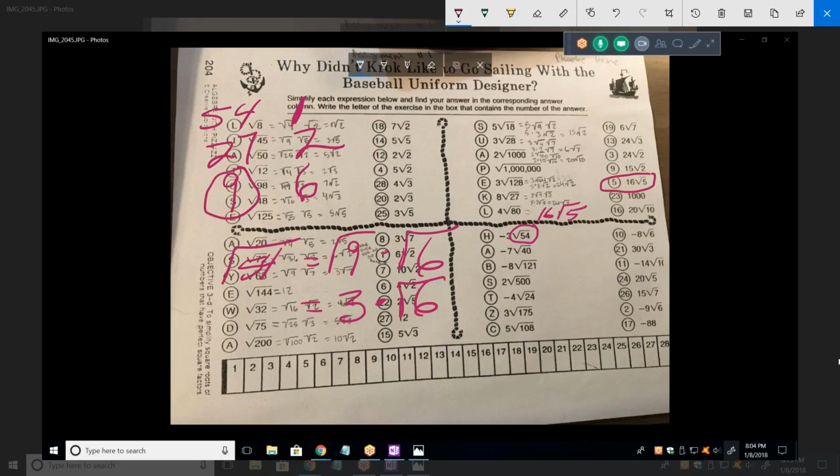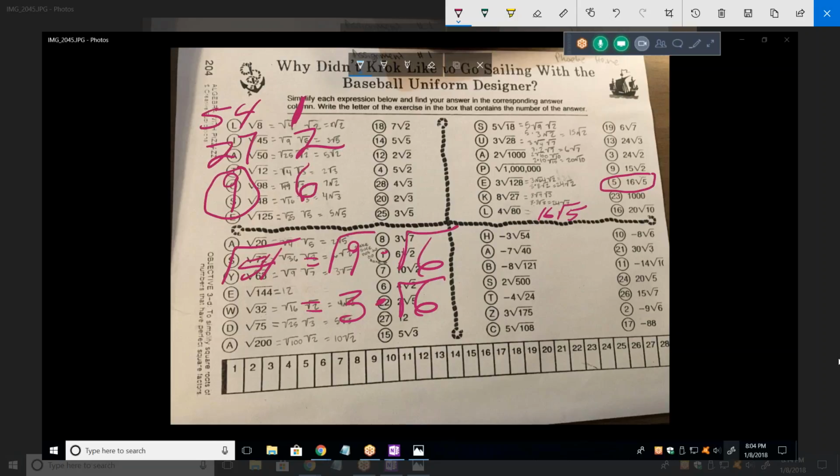The reason is that it's the square root of 3 times the square root of 2, but neither of those is a perfect square number. If I can't pull a perfect square factor out of there, I don't do any factoring. Okay? So this is what the square root of 54 is. Now tell me what the answer to our problem is.